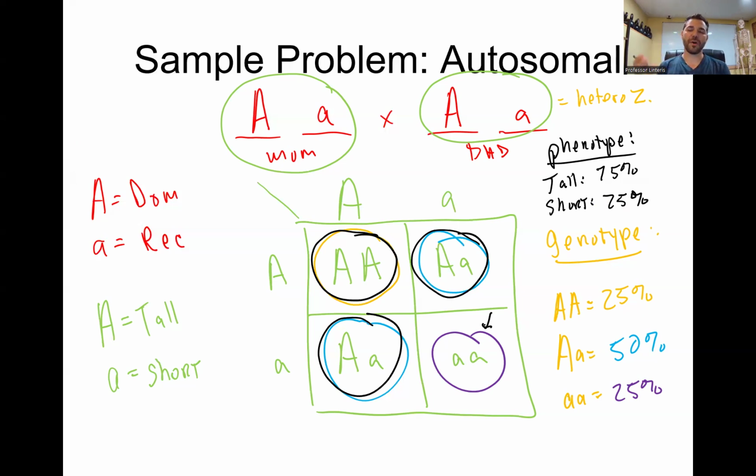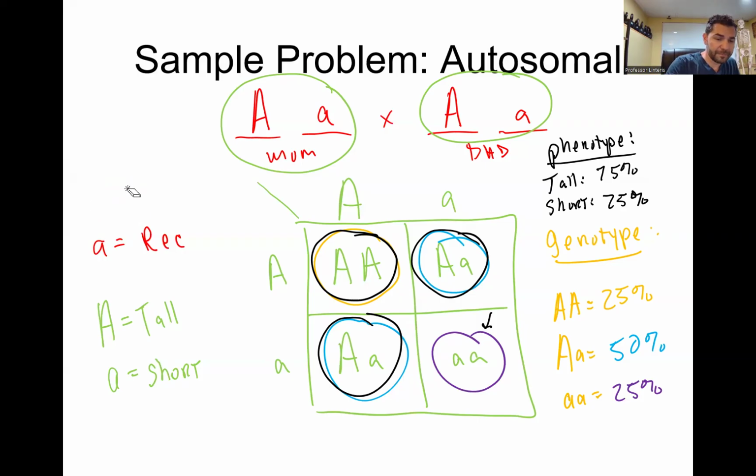So this is what we call autosomal, just standard dominant and recessive. I don't want to erase this because I want you to be able to look at it. We have a couple keywords: heterozygous, homozygous dominant, homozygous recessive. And the way I go about doing this is always the same, right?